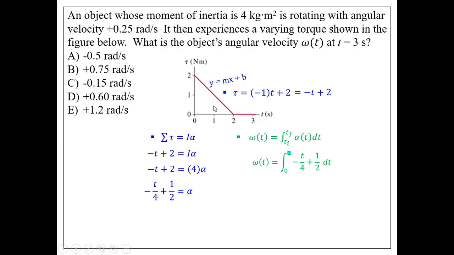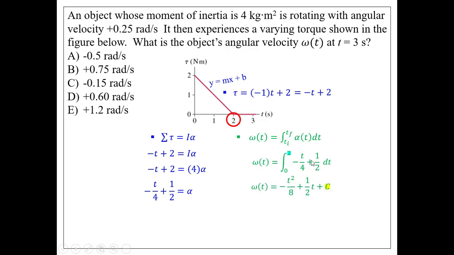So torque is changing from 0 seconds to 2 seconds, which means acceleration is also going to change from 0 seconds to 2 seconds. So I'm just going to circle this 2 here because I think that's important. You don't want to plug in 3 seconds, right? While the graph goes all the way to 3 seconds, the torque is changing up to 2 seconds. So it's important that you plug in the correct time bound here.